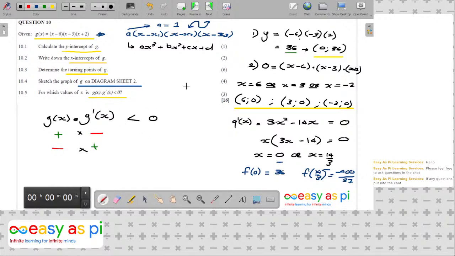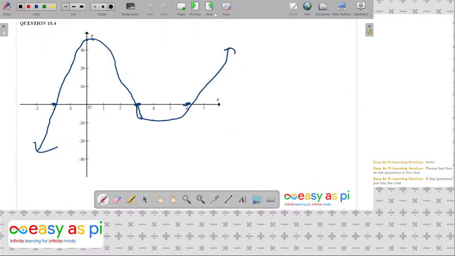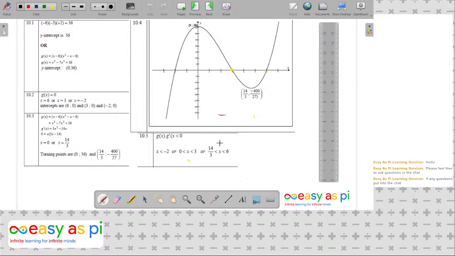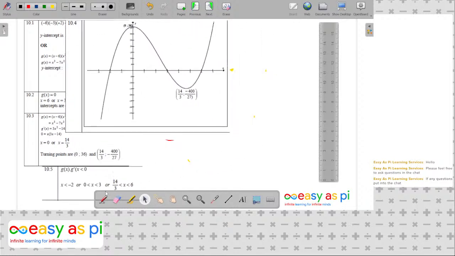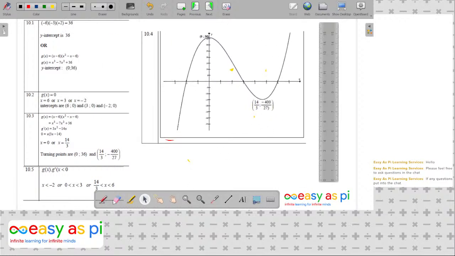Now, in this case, I'm going to have to use my graph. Let's use this graph because it's a nice big one. I'm just going to move this down here and create a little bit of space.